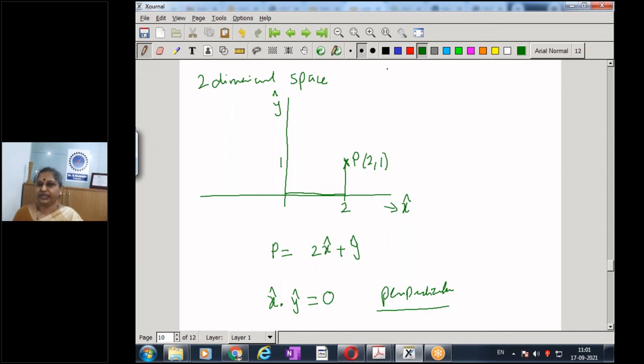And if I want a three-dimensional space, I will consider one more axis, the z-axis. Once I have a three-dimensional space, I just define my coordinate system, and then I can represent any point in it by using the three perpendicular vectors.